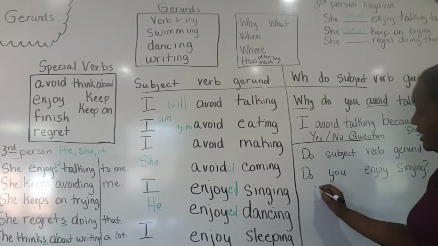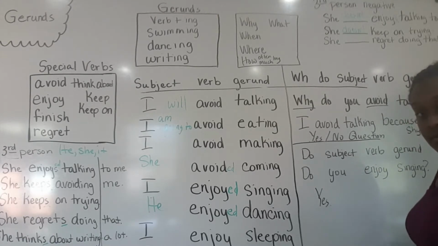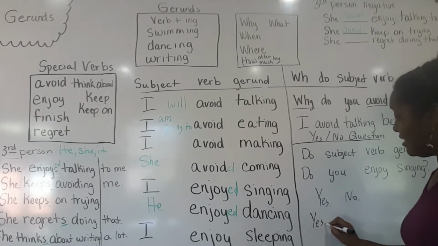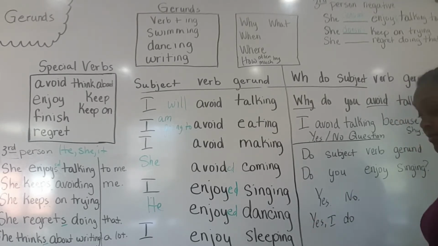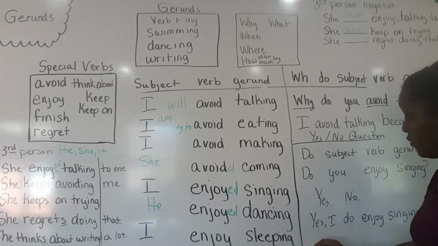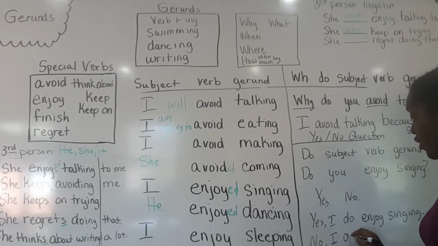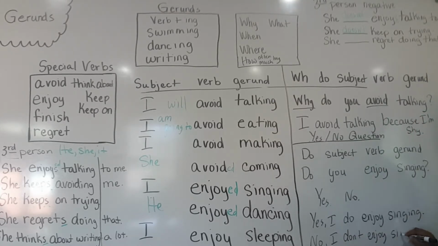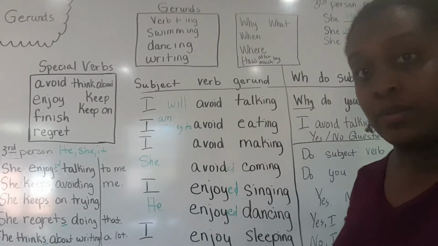Your answer will be yes or no. In a complete sentence, you would have to say, yes, I do enjoy singing, or no, I don't enjoy singing. Okay? You can also say, yes, I do, and no, I don't. Okay?